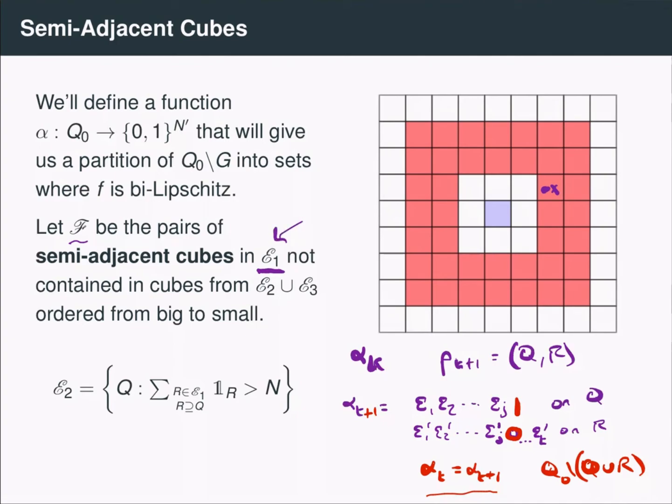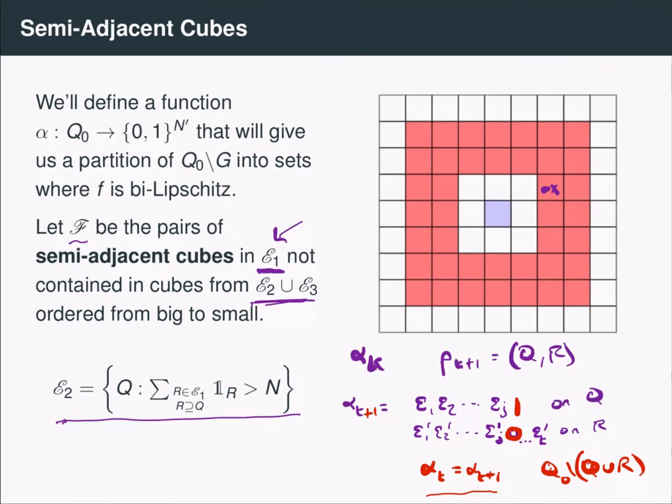But recall that curly f are pairs of semi-adjacent cubes from E1 not contained in E2 union E1, well, by definition of E2, that implies that if we look at the point x, it will not be contained in more than n many cubes from E1.